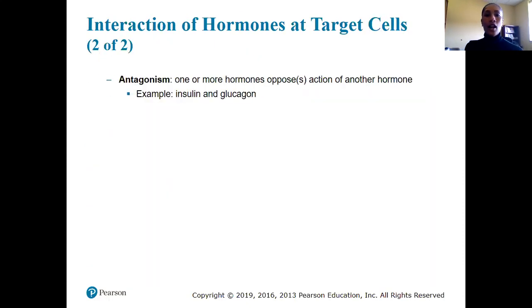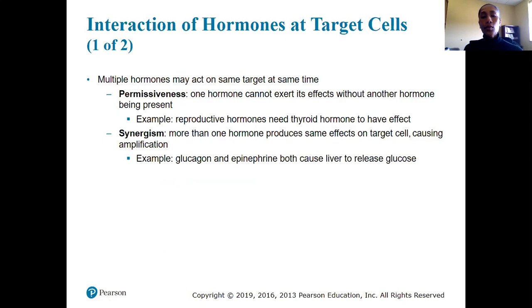Okay. All right, interactions of hormones. We will talk about this. There are three types of interactions that hormones can have with each other. So we can have what we call a permissive interaction, where one hormone cannot exert its effect without another hormone being present. So for instance, reproductive hormones need a thyroid hormone first to activate the reproductive hormones.